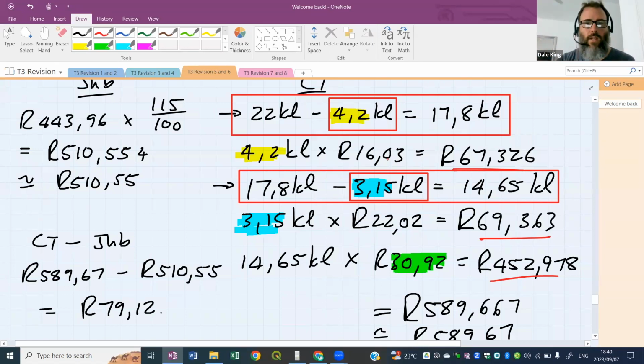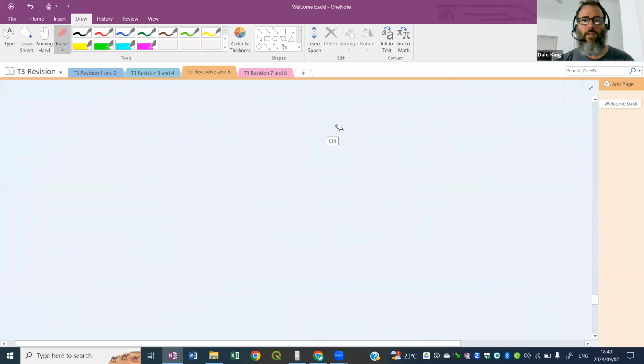So why didn't you add 16 and 3? 16 and 3 is the tariff. The tariff that we charge at. So this 16 and 3 here, let me just erase some highlighting.